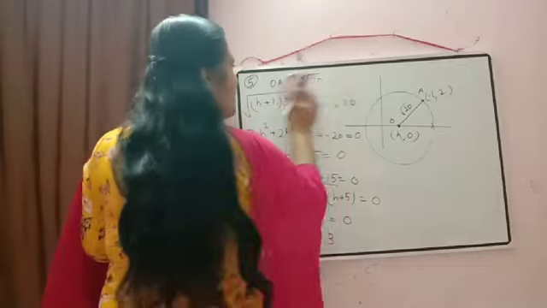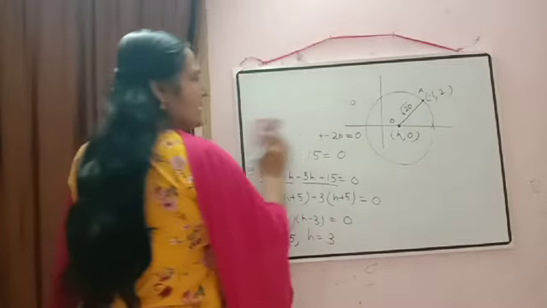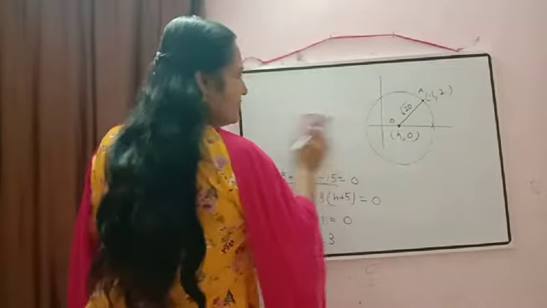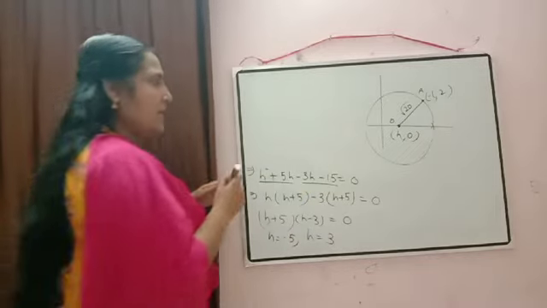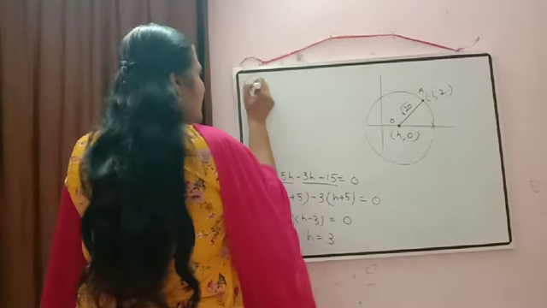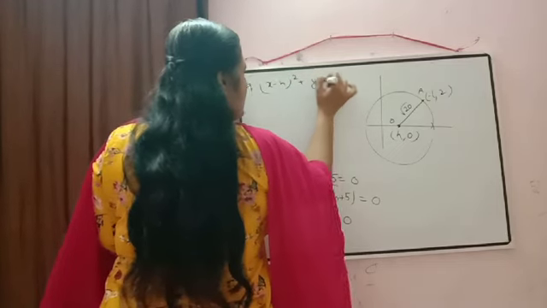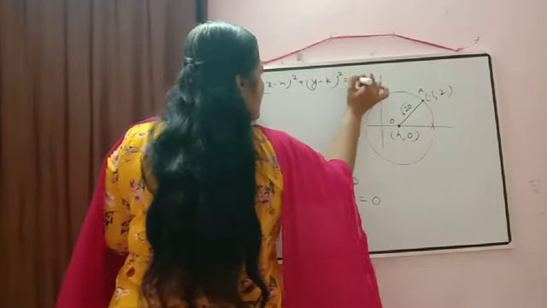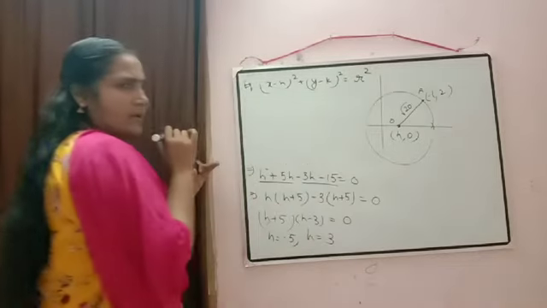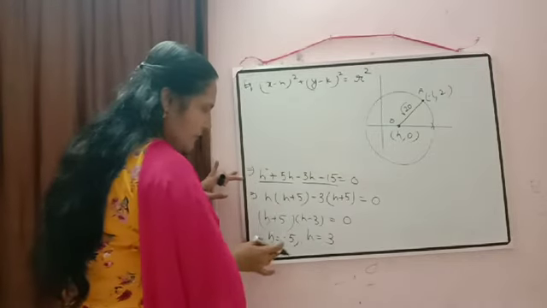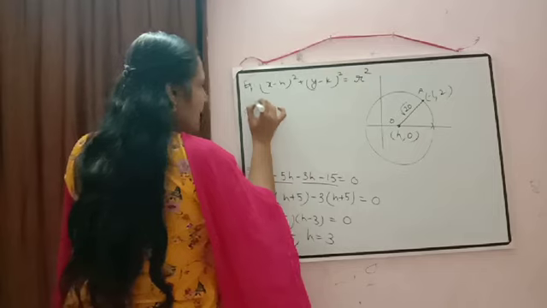And since it is a coordinate system, h can be negative there. Now we have to write down the equation of the circle. So again our formula is x minus h the whole square plus y minus k the whole square is equal to r square. Now just substitute the values. Suppose I am substituting minus 5 first.